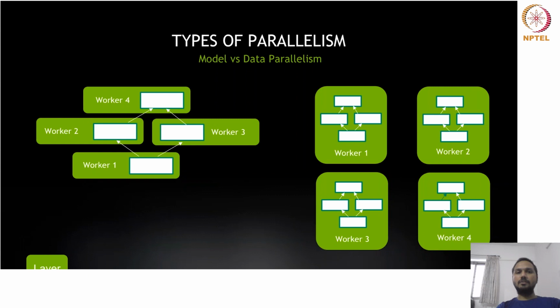Model parallelism is particularly more difficult, and it is primarily used when you cannot fit the whole model into one GPU's memory. GPUs nowadays come with almost 80 GB of memory. If you're talking about models, nowadays you have models with up to a few trillion parameters. In that case, it is almost impossible to fit them into one GPU.